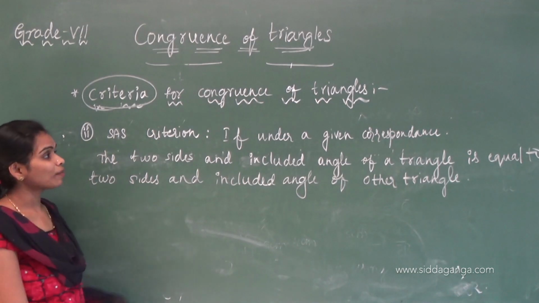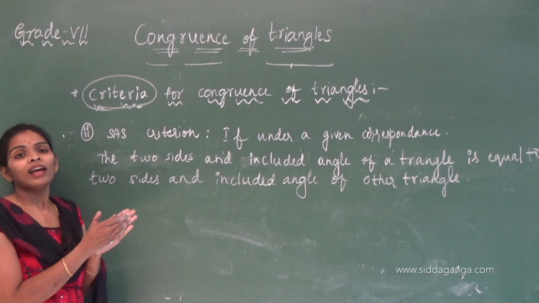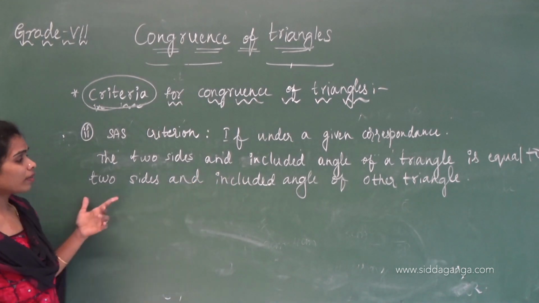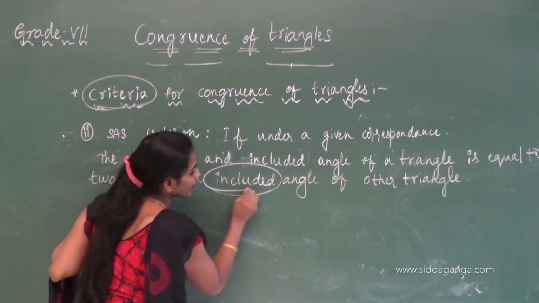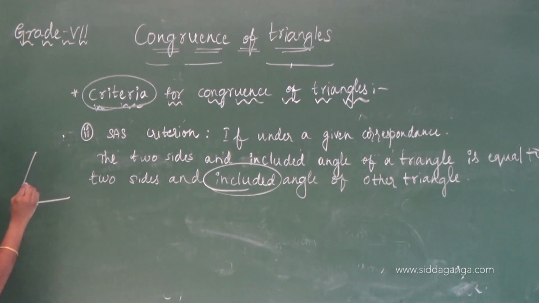What they are telling in this statement is: if two sides of one triangle are equal to two sides of another triangle, and the included angle too. What is an included angle? If this is a triangle and these are the two sides we are taking, the included angle is where the two arms meet.